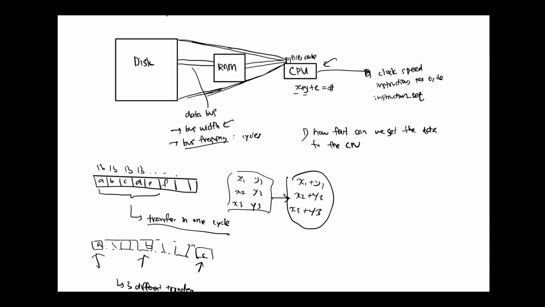Whether we can vectorize the operations is determined by whether we can get the data to the CPU at the same time. Basically, if the data points that we need are inside physical memory side by side, that means we can transfer them at the same time, which means they will be in the cache at the same time, which means that we can do the vectorized instructions inside the CPU.